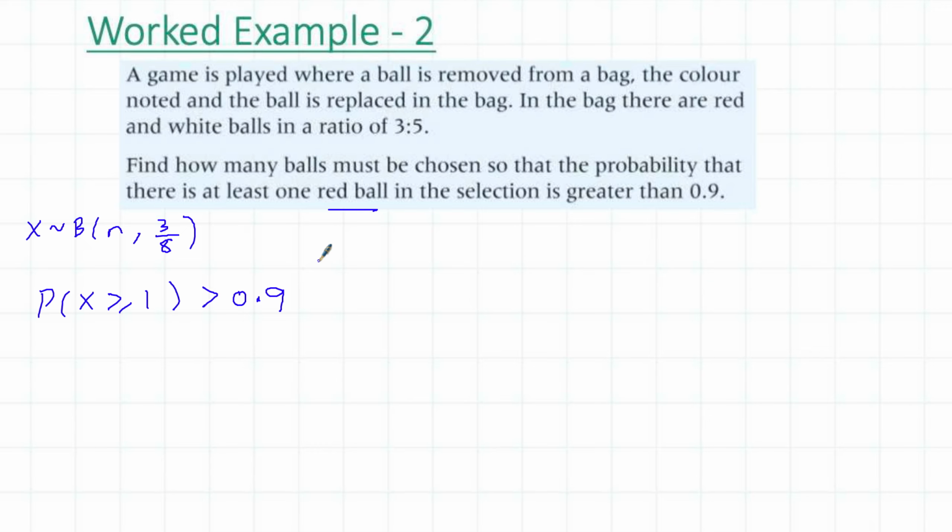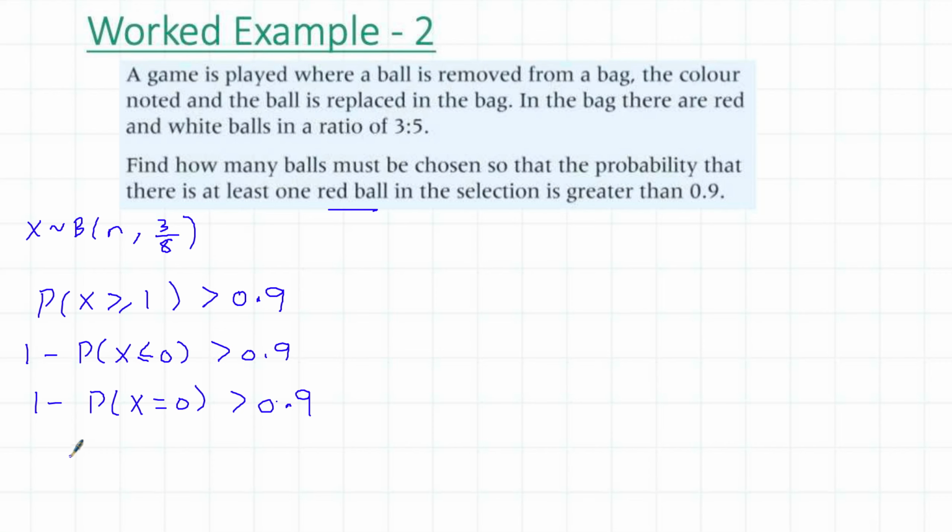So always translate the information into some notation so that helps you understand how to compute these values. X bigger than or equal to 1 is the same thing as 1 minus the probability of X less than or equal to 0. And obviously I can't go less than 0, so it's the same thing as X being equal to 0. Then I can rearrange these values.